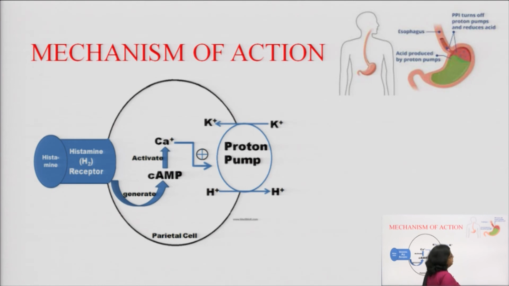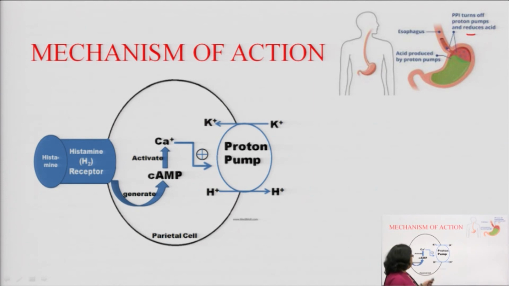What do proton pump inhibitors do? They reduce the proton pump activity and reduce the acid secretion. A proton pump inhibitor binds with the proton pump and blocks its action. So, there is no excess acid. In this way, it prevents the excess secretion of acid.